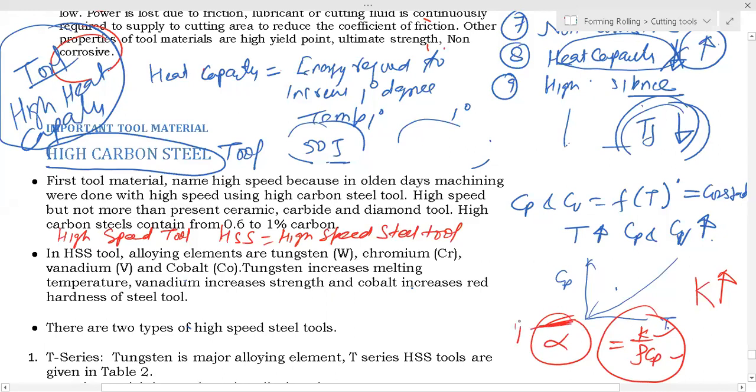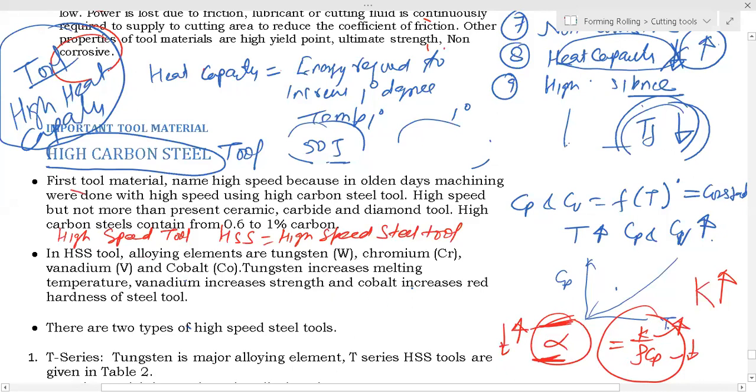These values should be higher or lower? I am not bothered with the individual parts, because alpha is defined as the ratio of thermal conductivity divided by volumetric heat capacity. So alpha will be high means K is high or the denominator is low. I am talking about this alpha.